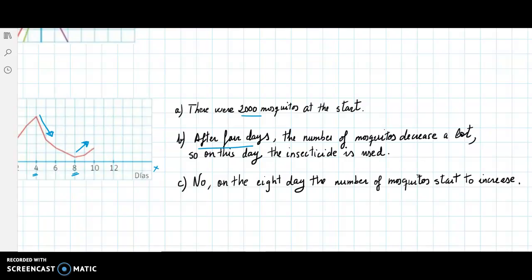So the mosquitoes are not eliminated completely because they start to increase again. So here you have the answer. On the 8th day, the number of mosquitoes starts to increase.